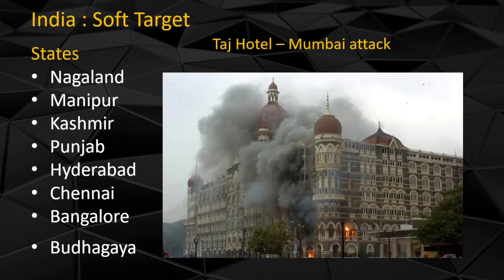Terrorists have also targeted many places in Nagaland, Manipur, Kashmir, Punjab, Hyderabad, Chennai, Bangalore and Bodh Gaya. So these are some of the instances where terrorist attacks have taken place in our country.